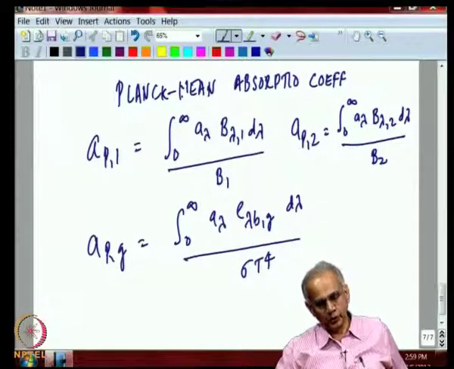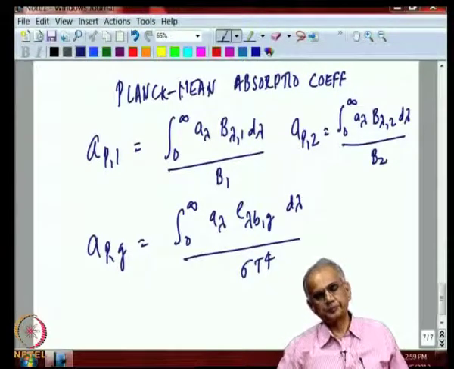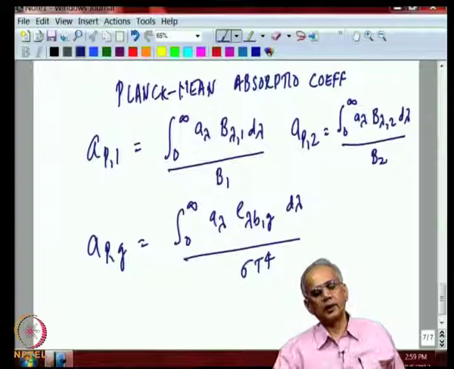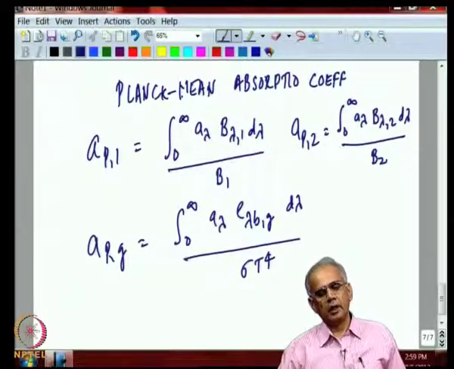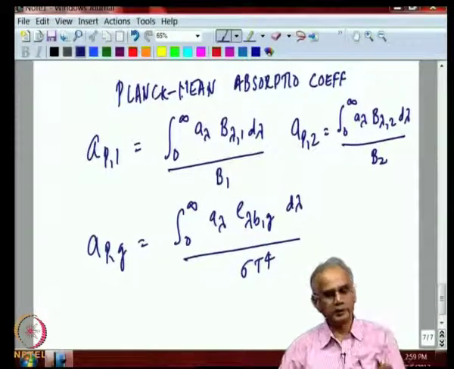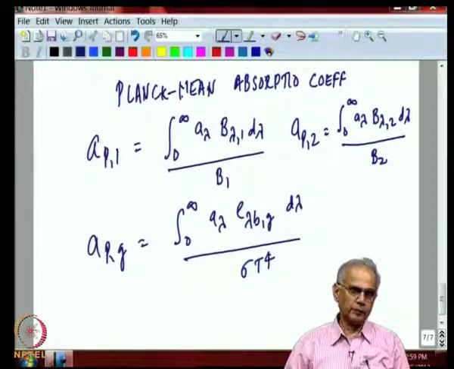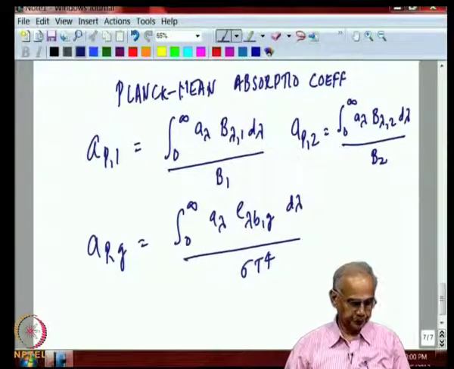coming to surface 2 and the third for the gas, is that in some situations these can be calculated a priori before you actually solve the problem. And so, once you have tabular values of AP1, AP2 and APG as a function of temperature, you can solve most problems that one encounters in this optically thin limit.